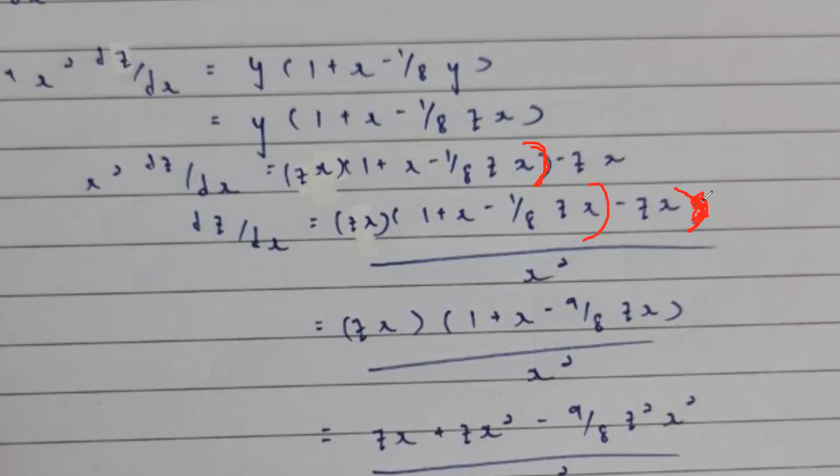Sorry, the zx shouldn't be left alone, because you're putting it on top of an x squared fraction, so this one should actually become zx cubed already. Because you're converting zx into zx cubed over x squared before you add them together.